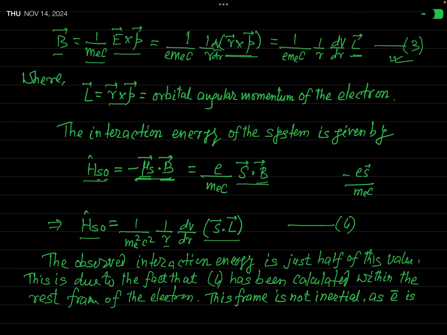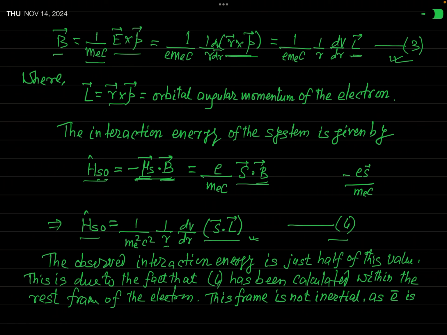So in this way we have obtained the value of the interaction energy of this system due to the interaction with the magnetic field. Actually, this energy which we have calculated here in this equation number 4 turns out to be twice the observed spin orbit interaction. When the energy of interaction due to spin orbit interaction is obtained in experiment, it is found that the actual value is just half of this value.